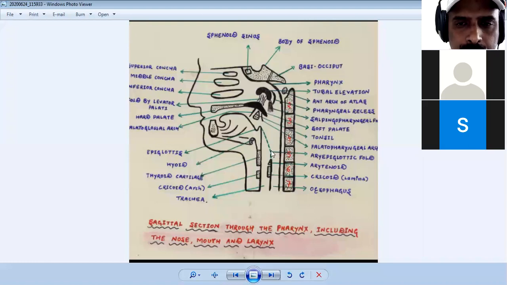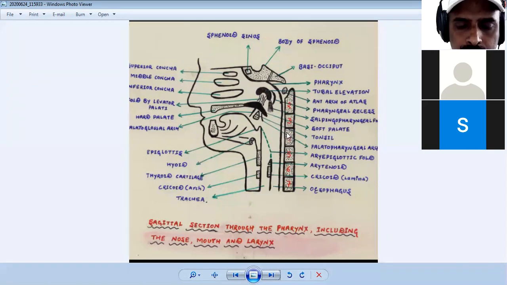What forms the anterior wall of the laryngopharynx? The anterior wall is formed by the inlet of the larynx, and the posterior surface of the cricoid and arytenoid cartilages. They form the anterior wall of the laryngopharynx.